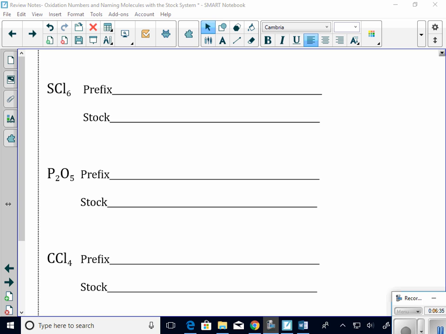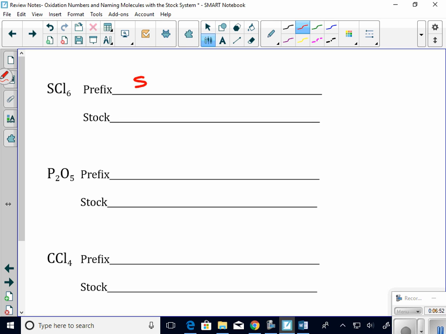Now I'm going to go through the top one first, SCl6. If I am naming this using the prefix system of nomenclature, I'm going to start off with the first one, sulfur. Remember, just a review, we don't put mono with the first one, only with the second one.